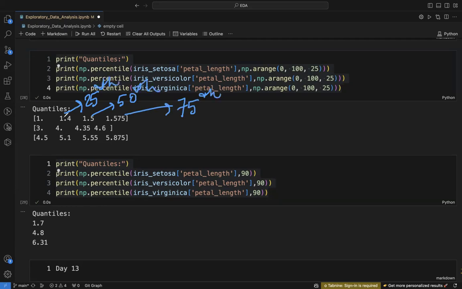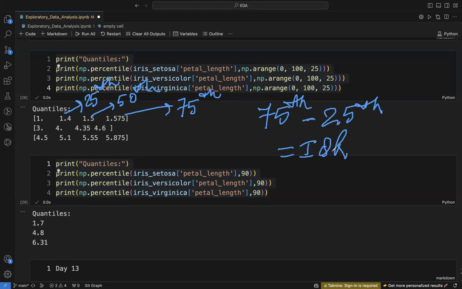If you subtract the 25th percentile value from the 75th percentile value, what you get is the IQR, the interquartile range.